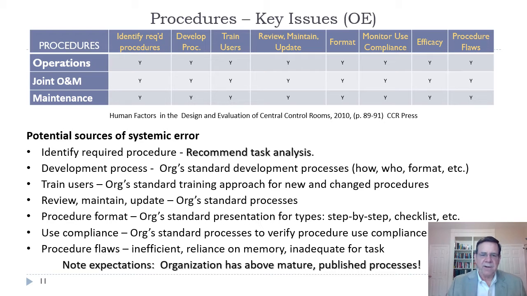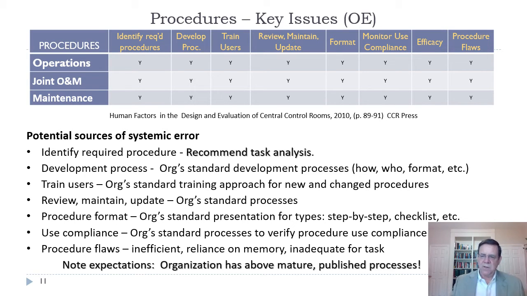And just like training, it's the same recommendation to create a procedure. They recommend using a task analysis to identify what procedures are needed and what the content of the procedures should be. And again, here you've got an organization that's conducting these processes. They need mature and published processes.